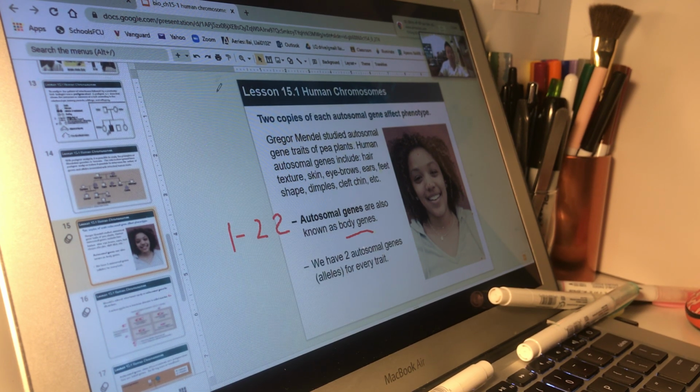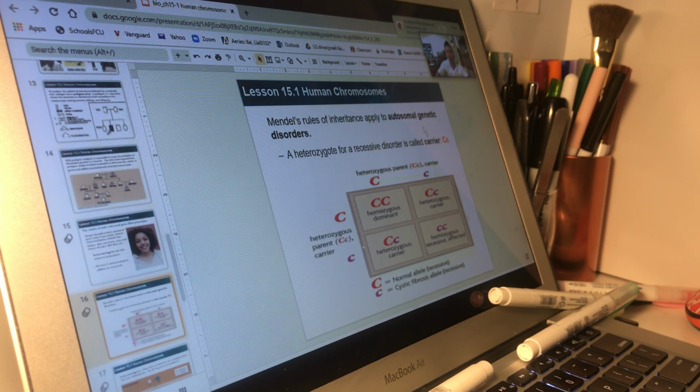Okay, all right. So here's an example. A Punnett square of an autosomal genetic disorder. So let's say you have a disease that is a recessive disease. This one is the disease, and it's recessive, that means small letter. Now, you have mom that is heterozygous, and dad that's also heterozygous.